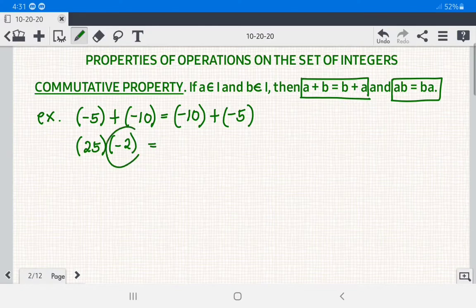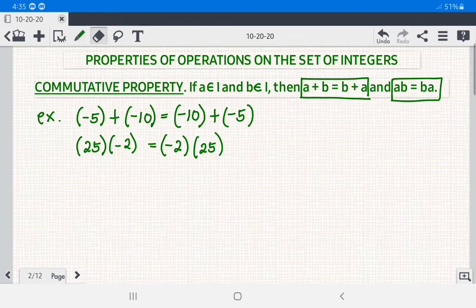This is equal to -2 first times positive 25. So this is how we illustrate commutative property. Okay? You will just change its position.